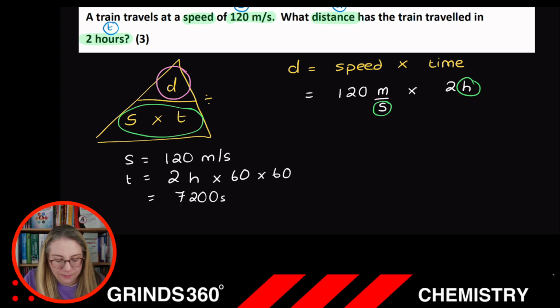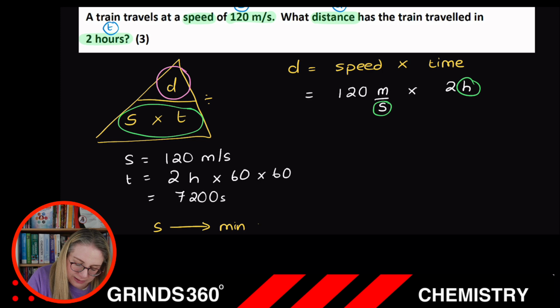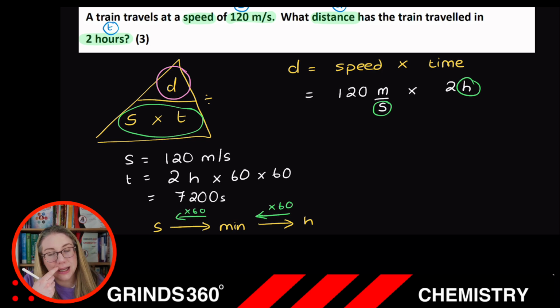To go from seconds to minutes and then minutes to hours, we're going the opposite way. We're going hours to minutes. So we multiply by 60 and then to go back again, you times by 60 again. So that's why I'm multiplying by 60 twice, because we're moving 2 steps on the conversion.